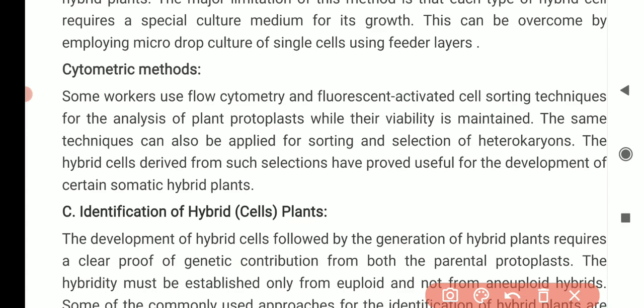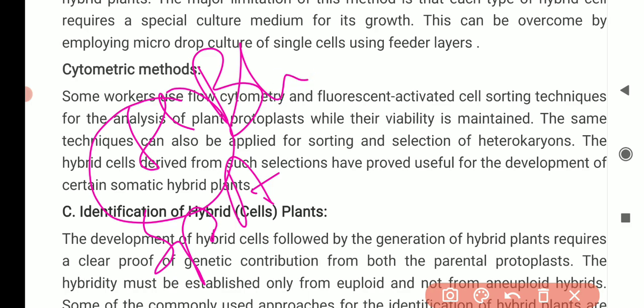This fluorescent microscope will take photographs. Suppose this is species A, I give fluorescent dye blue. Here, fluorescent dye red.